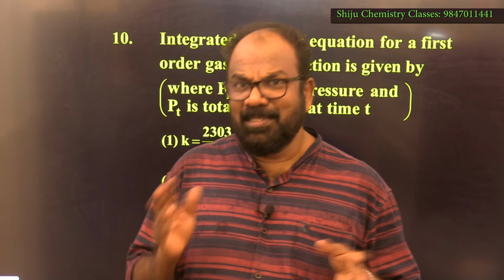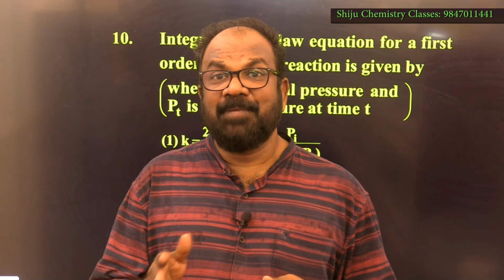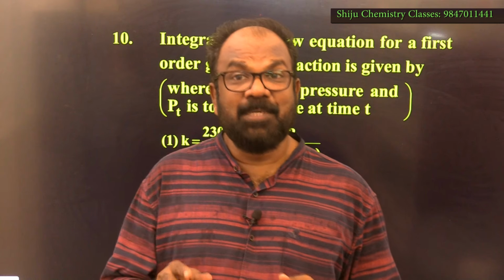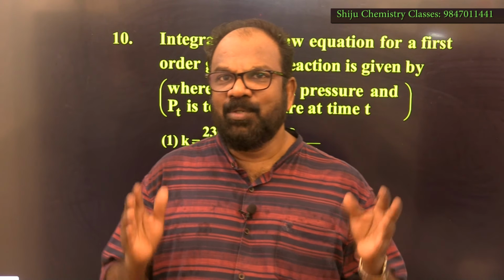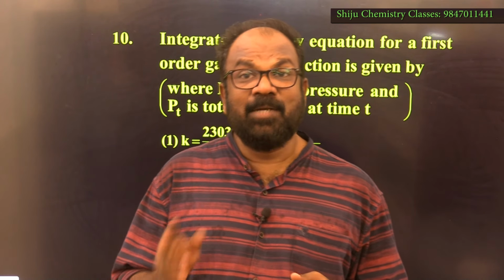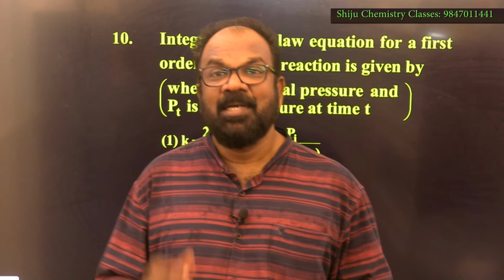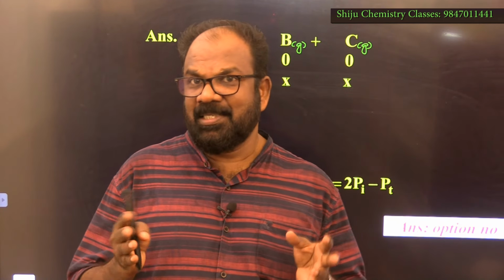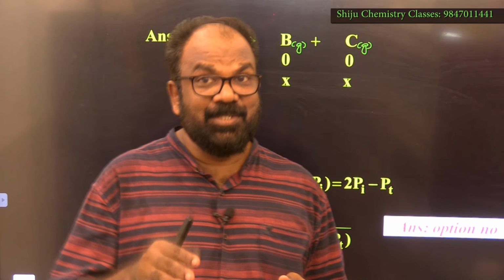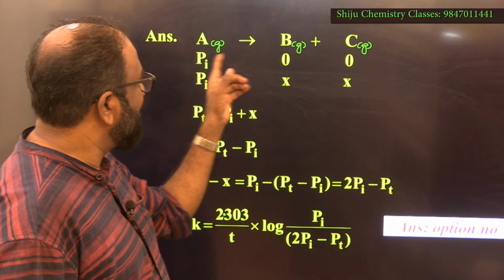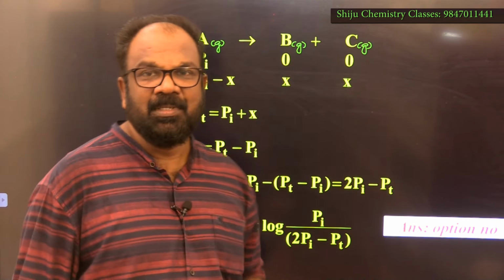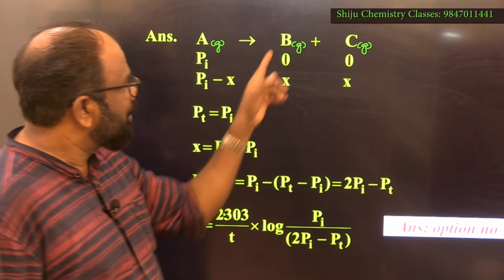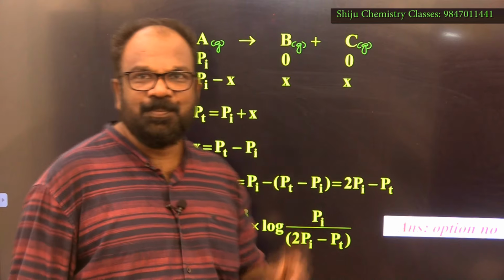In this question, it is given that the initial pressure of a gaseous phase first order reaction is Pi and the final pressure is Pt. We need to derive an integrated rate law equation for calculating the rate constant of the reaction. Here we can consider a basic gaseous phase first order reaction, which is A gas giving B gas plus C gas. Here the initial pressure of A is given as Pi, then the pressures of B and C are 0.